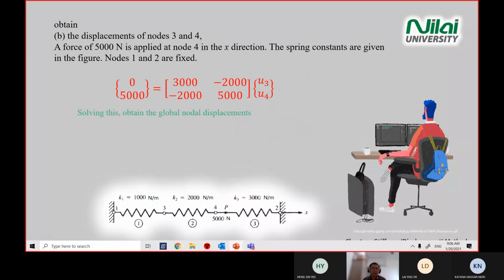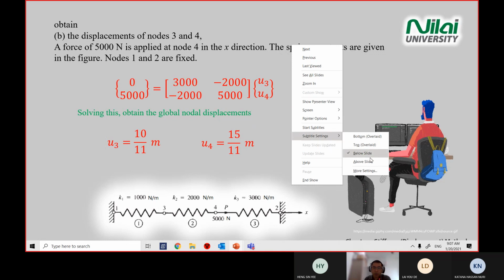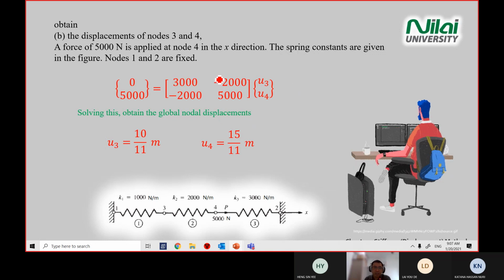Okay, we continue with solving the problem. We're going to solve U3 and U4. So to solve this and get the displacement, you need to do the inverse matrix. So what you do, here we have F equal to KD.